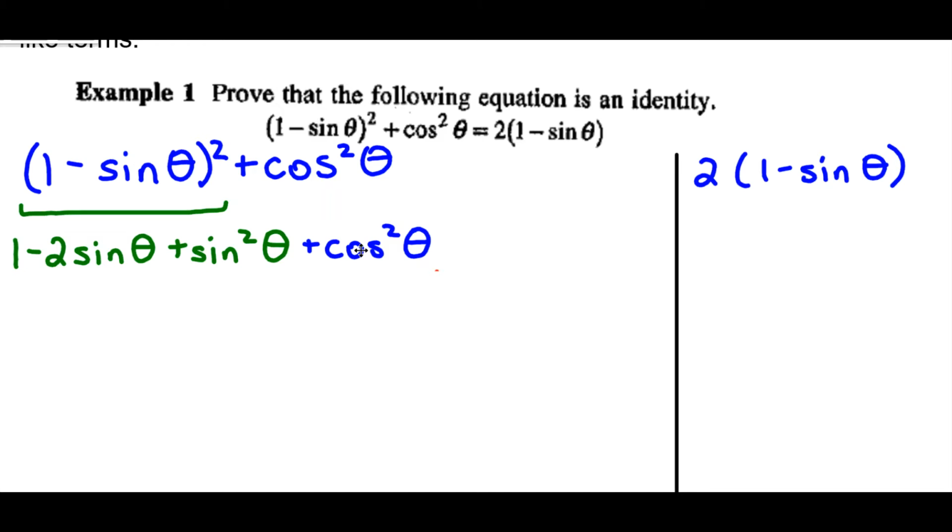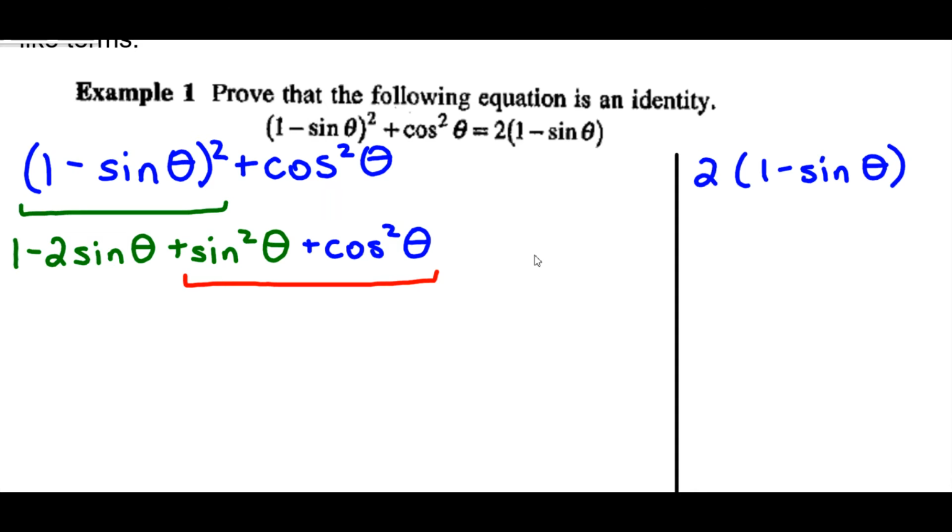Now, I've expanded, I've used suggestion number 2. I need to somehow turn this into the right-hand side. So I'm going to look at my identities and see, what do I have there that I also see here? What jumps out at me initially is this sine squared theta plus cosine squared theta.